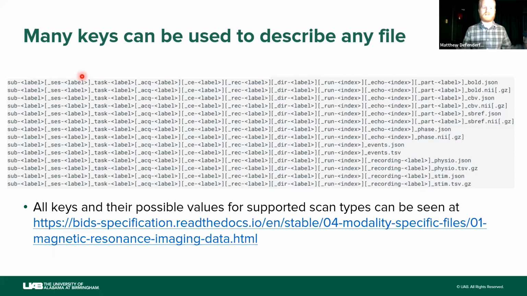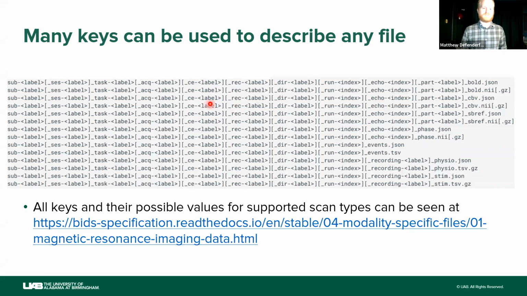If you have more than one session, it's required to have it. You have to have the task with the associated label. Then you can include things like an acquisition type, a direction, a run number. If you're doing a multi-echo sequence, you can include the echo number as part of the naming scheme, and really any other type of thing.